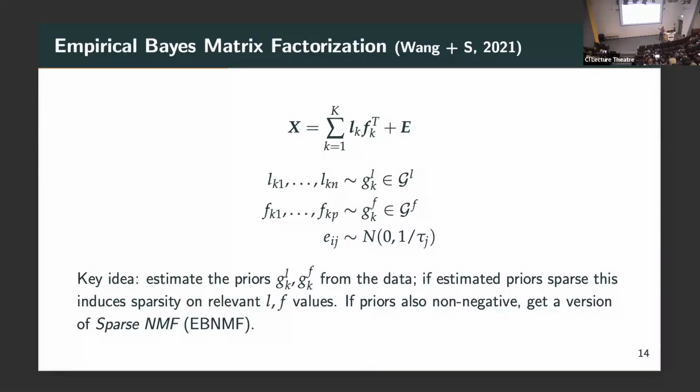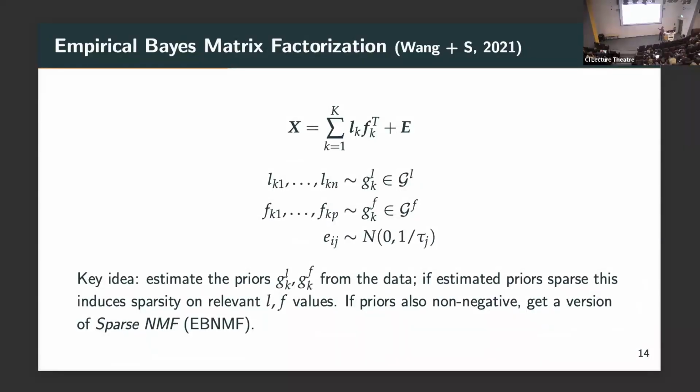Ideally, we might do that by maximizing the likelihood for the g_L^k and the g_F^k, marginalizing out L and F. That's not tractable, but you can do a variational approximation. So that's what we do. So you can think of this as estimating the g_L^k, g_F^k. If these prior families are sparse, say they're spike-and-slab type prior families, then what this is doing is estimating how sparse L and F may be.